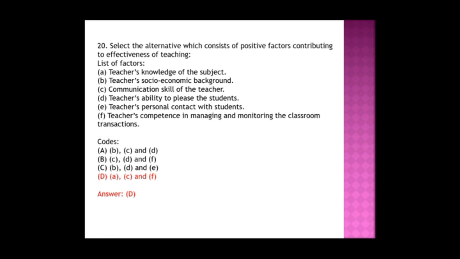Here the correct code is A, C and F. A is teacher's knowledge of the subject, C is communication skill of the teacher, and F is teacher's competency in managing and monitoring the classroom. So these are the alternatives which consist of positive factors contributing to effectiveness of teaching.